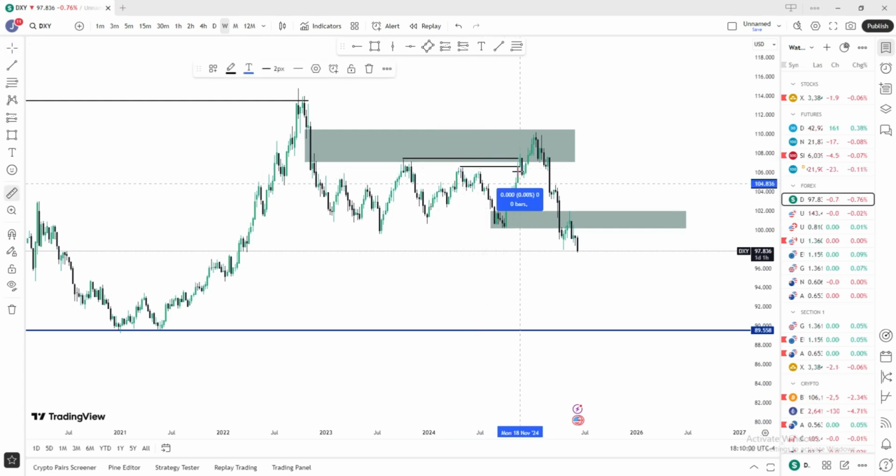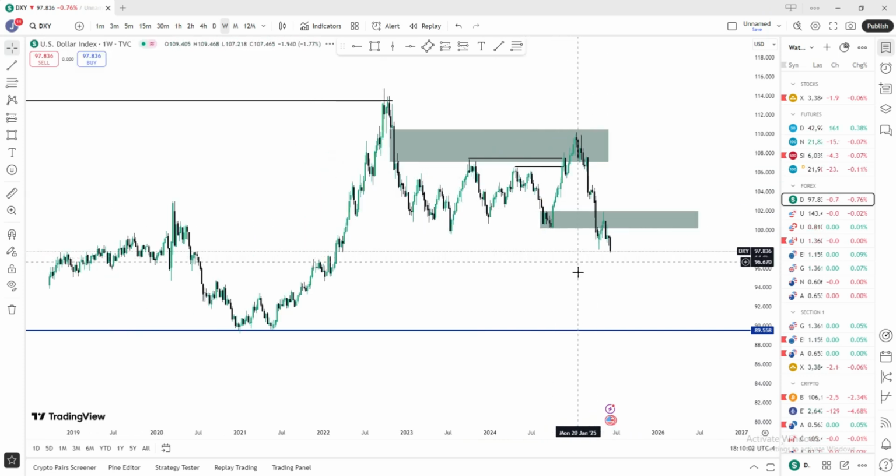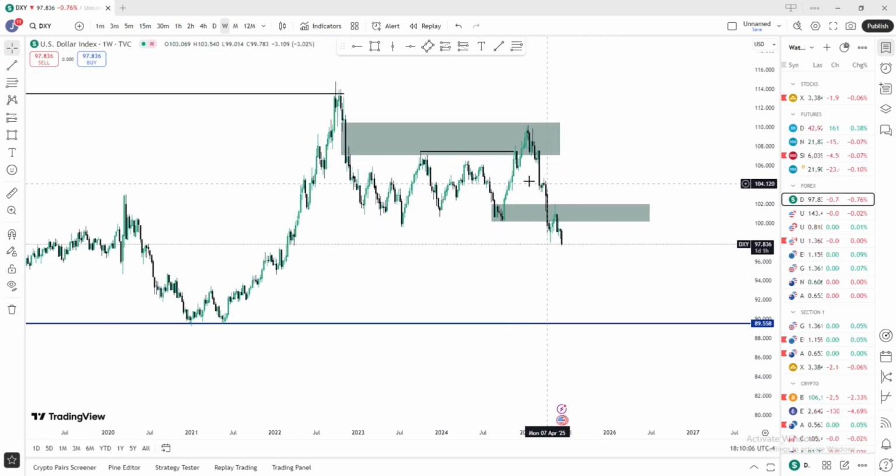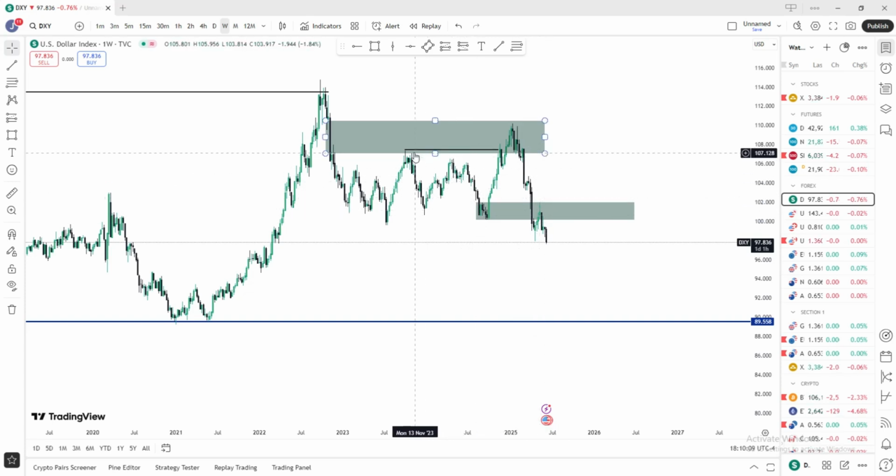So that's what I'm talking about. Anytime you see this kind of stuff, you don't just trade breakers for the breakers' sake. Once you have a breaker and you have a clear direction of where the market is going to, you have your fundamentals in check, like what is happening with the world economics.